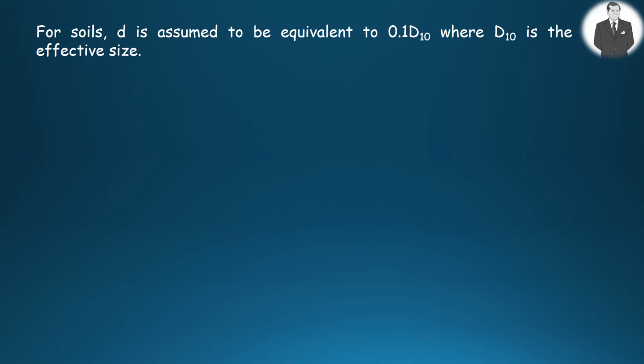For soils, d is supposed to be equivalent to 0.1 times d sub 10, where d sub 10 is the effective size, which can be obtained from the particle size distribution of soil mass.